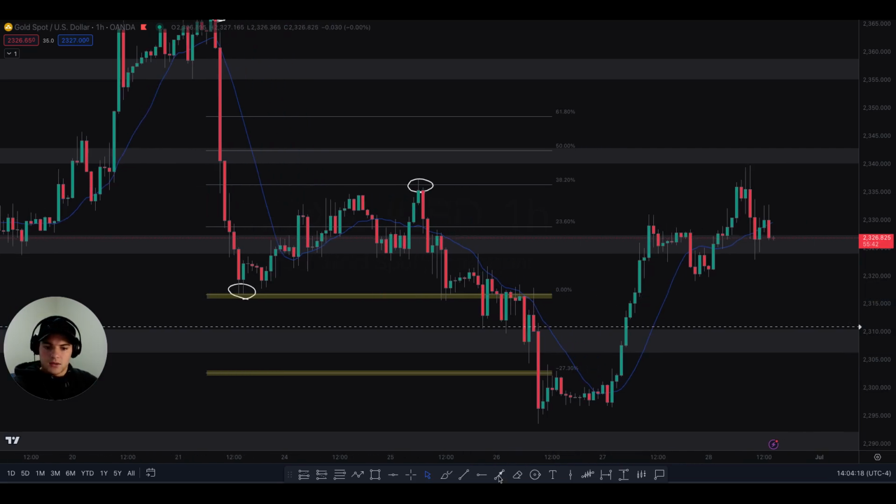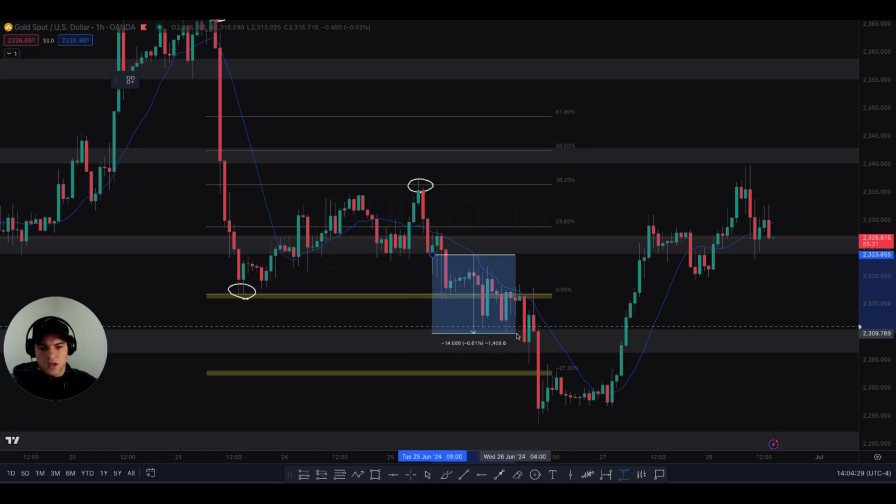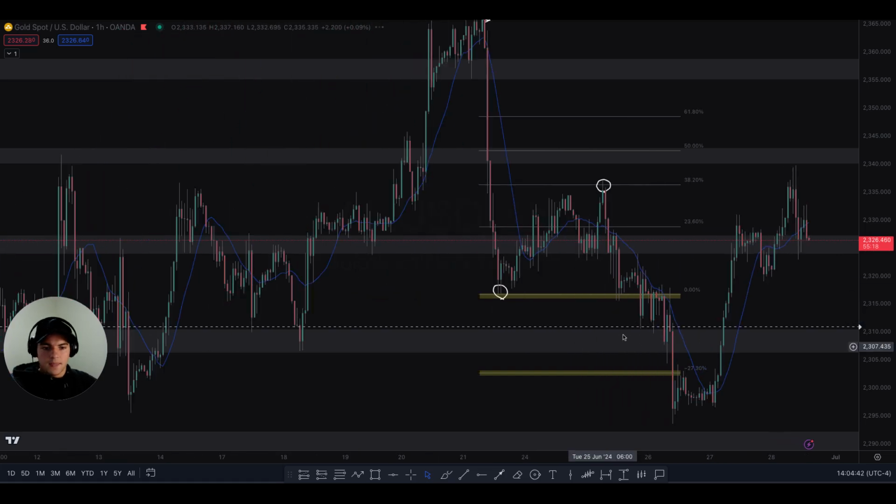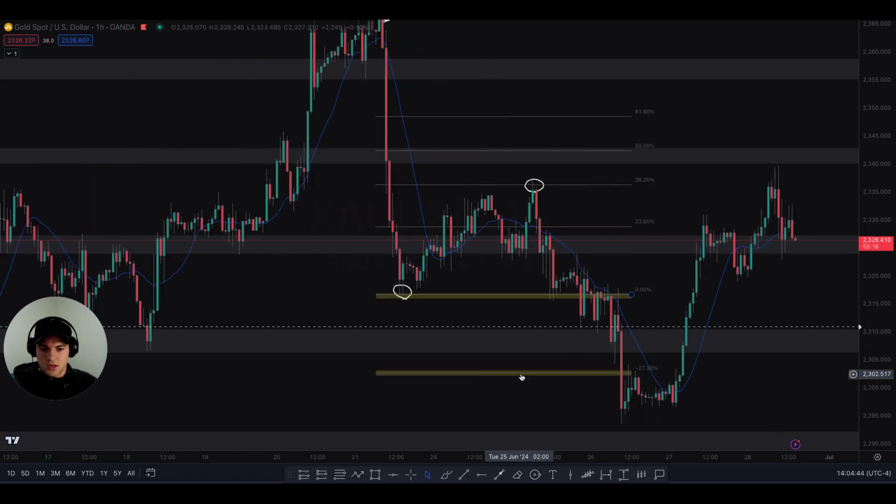Take profit was hit over here. First take profit from here to here was around 0.30%, and then the next take profit would have been this area over here on the bottom, around 0.60%. And if we come down to the negative 27.3, that's 0.90%. So 1, 2, and then 3.